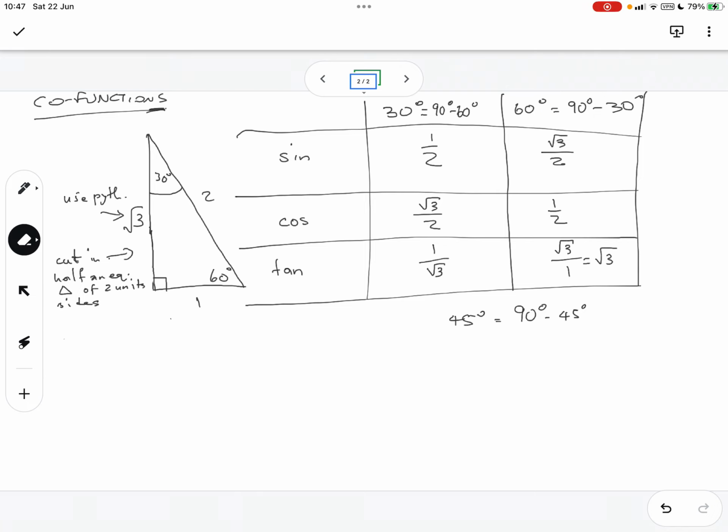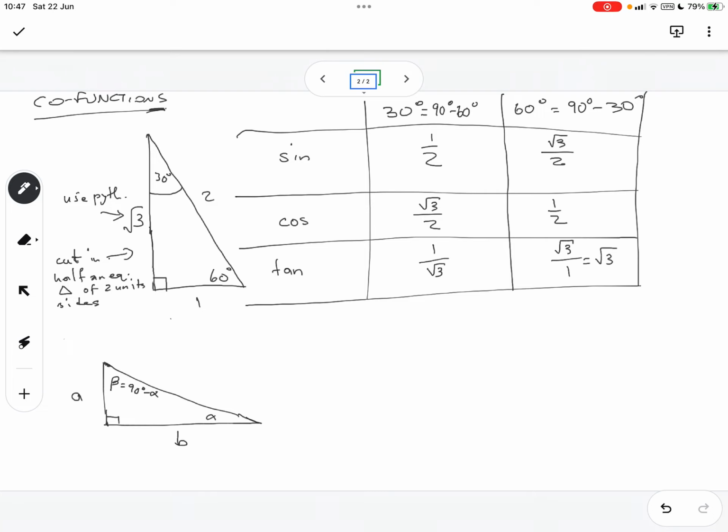I'm just gonna draw a normal triangle whose side lengths we don't know, and the two angles that are not 90 degrees we also don't know. So we'll call this angle beta, and it'll be 90 degrees minus alpha, and alpha is 90 degrees minus beta. This side we will call A, this side we will call B, and this side we will call C, the hypotenuse.